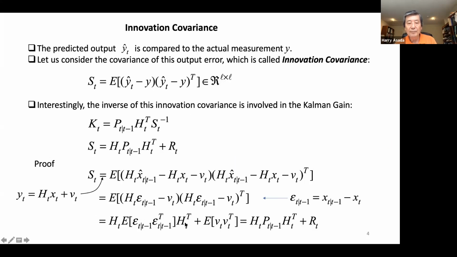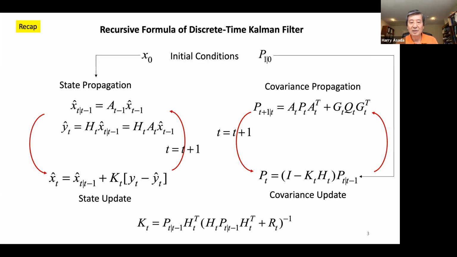So the bottom line is that if you compute this output error covariance, you arrive at this expression, which is involved in the Kalman filter sitting here, with the inverse term, as you can see here. All right, so this is the Kalman filter, and this particular part is the innovation covariance inverse.